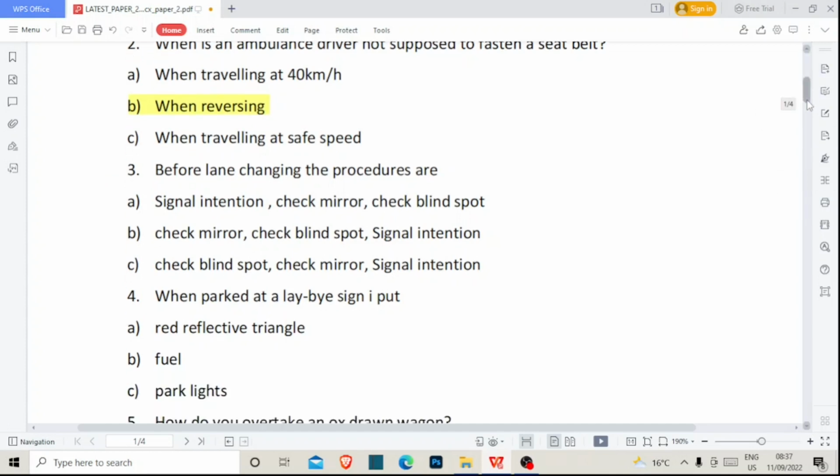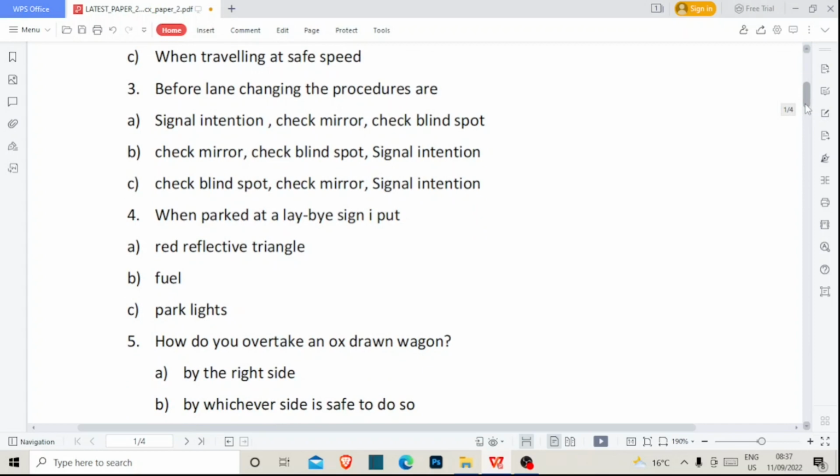Then we'll go for number 3. Before a lane change, the procedures are: option A, signal intention, check mirror, check blind spot. B, check mirror, check blind spot, signal intention. C, check blind spot, check mirror, signal intention. So here we are looking at the correct sequence of action.